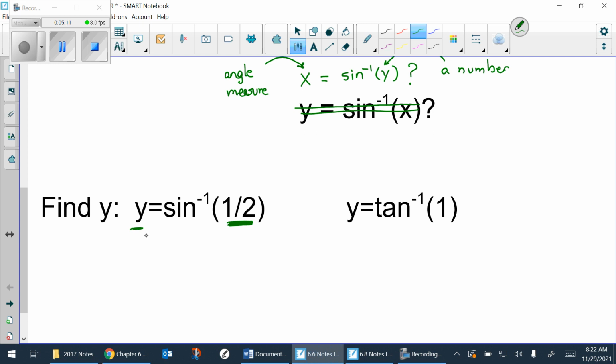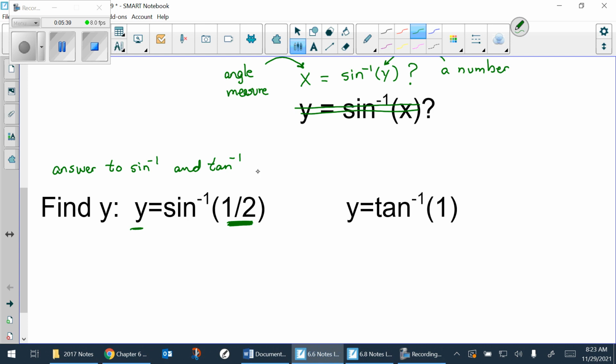And I'm going to ask you to write something down. I'm going to ask you to write down that the answer to sine inverse and tan inverse, which we're going to run into right now.